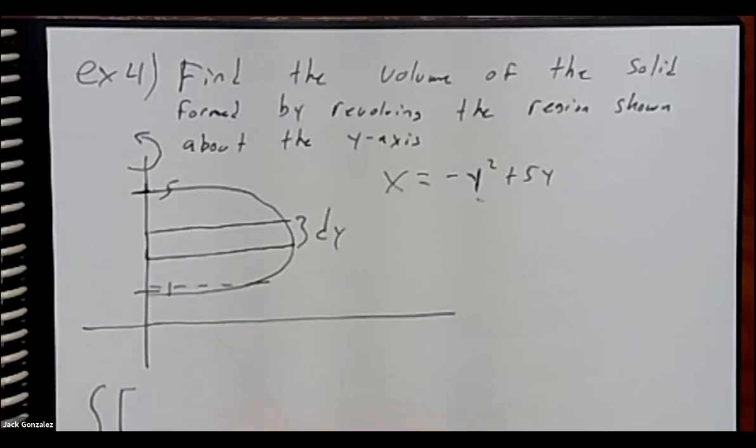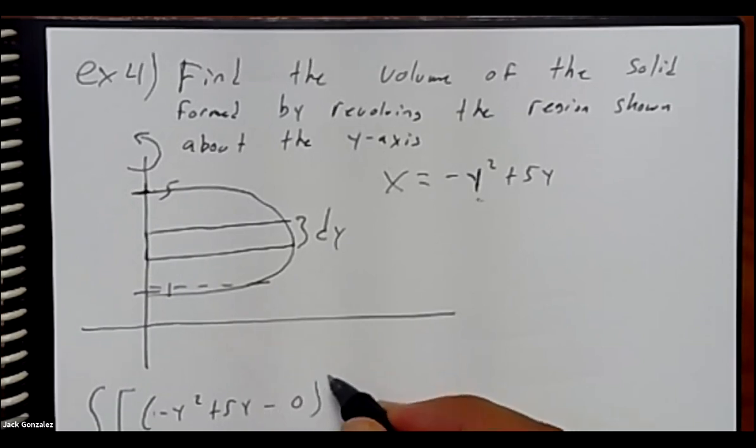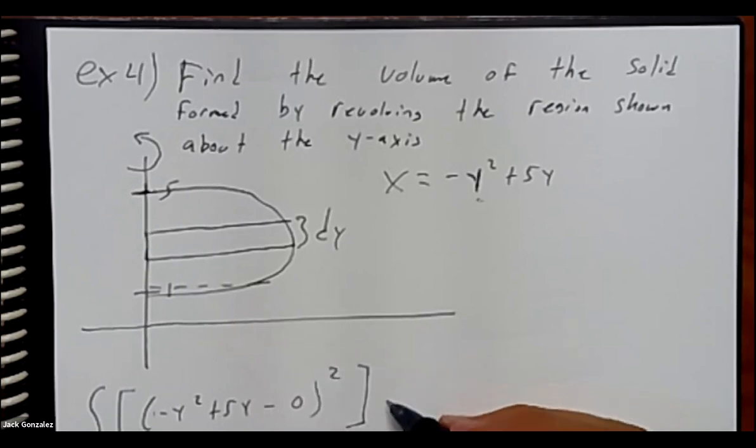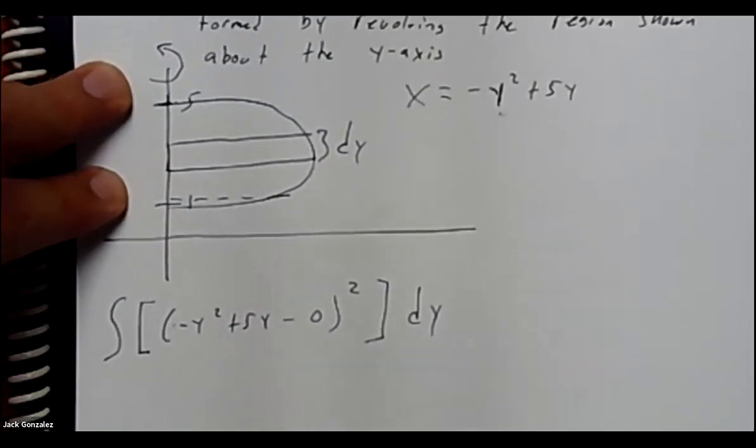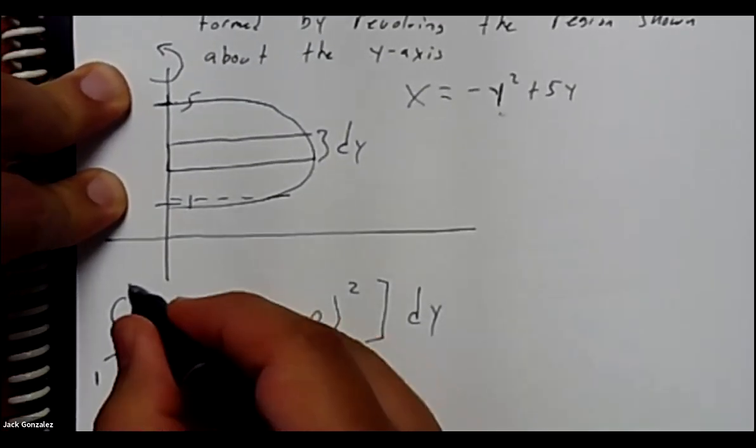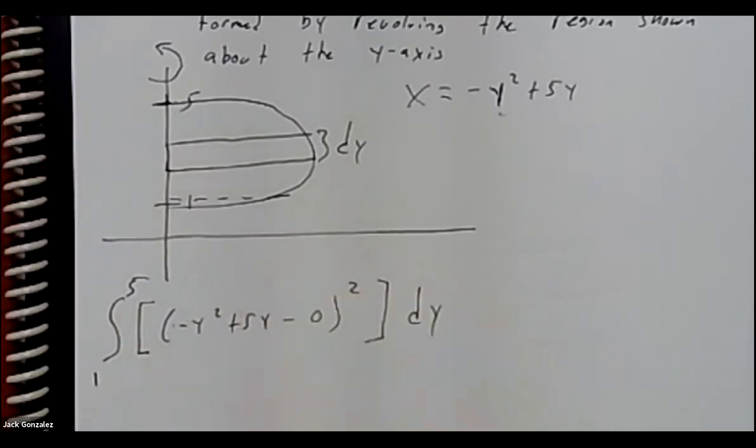So we have the right side, which is this, minus 0. No hole. Since I'm doing dy, I need to have these points, so I went ahead and gave them to you, 1 to 5.